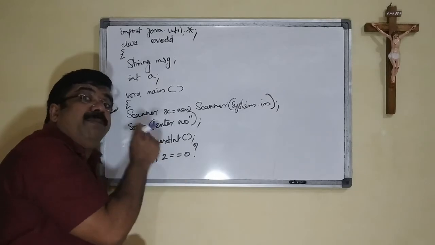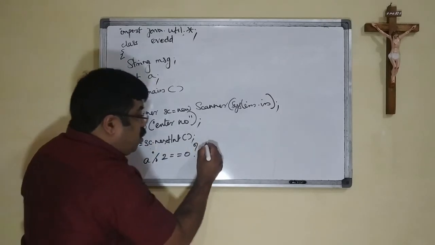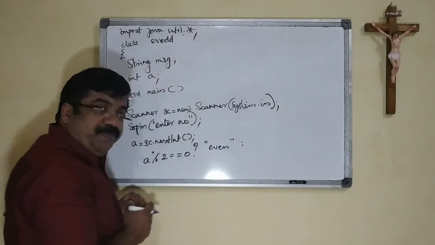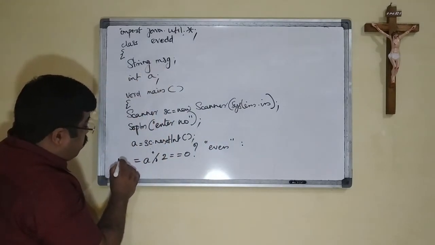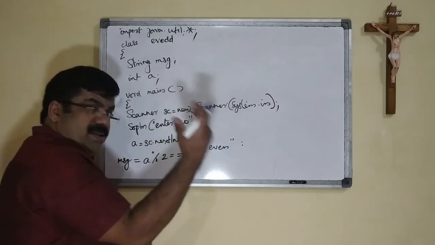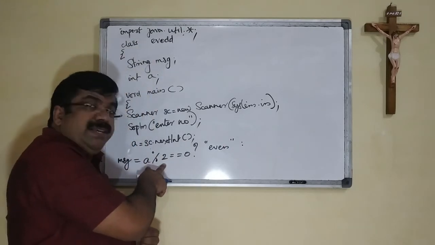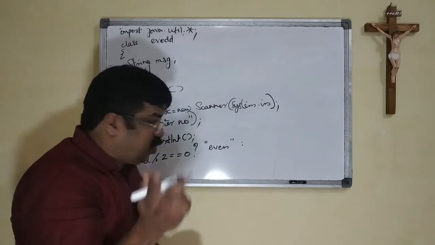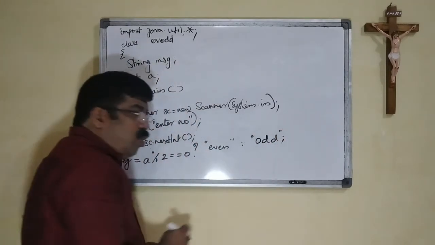If it gives a remainder 0, no doubt the number is even. So we give even as the message, which will come to the left side MSG variable. And we can have the odd number also. If the remainder is other than 0, then expression 3 will be executed. What will be returned? Odd will be returned.